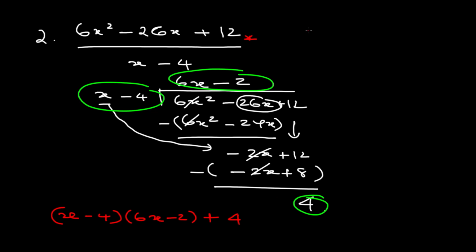Or you can express this in terms of what they call the partial fractions. Okay, so what are these partial fractions going to be? You divided this into there and it gave you this, so you're going to have 6x minus 2, like that.